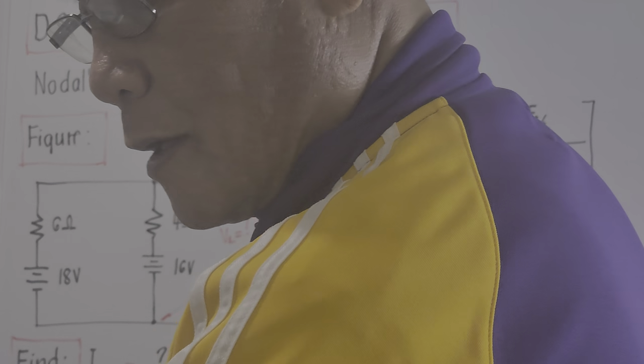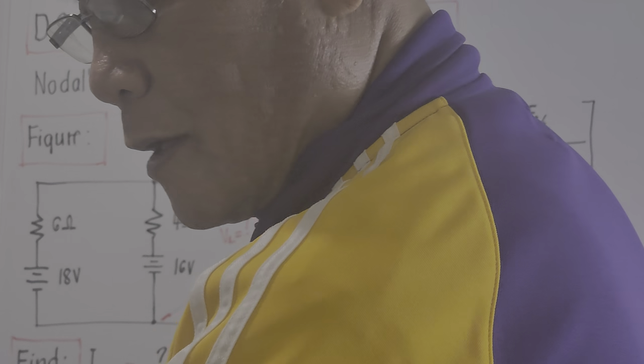Let's try to bring out the equation for V sub L. For two voltage sources, the numerator will simply be voltage source number 1 over R1, plus voltage source number 2 over R2. It stops there because there are only two voltage sources.